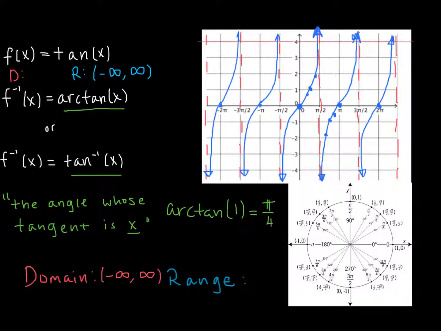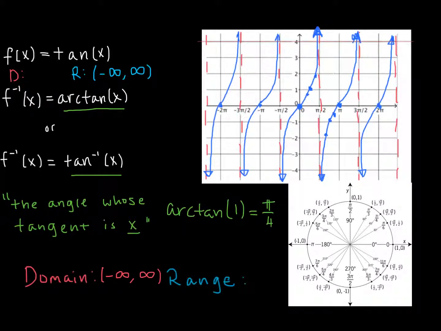You could go to a couple more examples if you want to, but let's now start to think about what the inverse tangent's graph is going to look like. To help us get a grasp on that, let's remember that for any inverse function, the domain of that function is going to be the range of the original function.